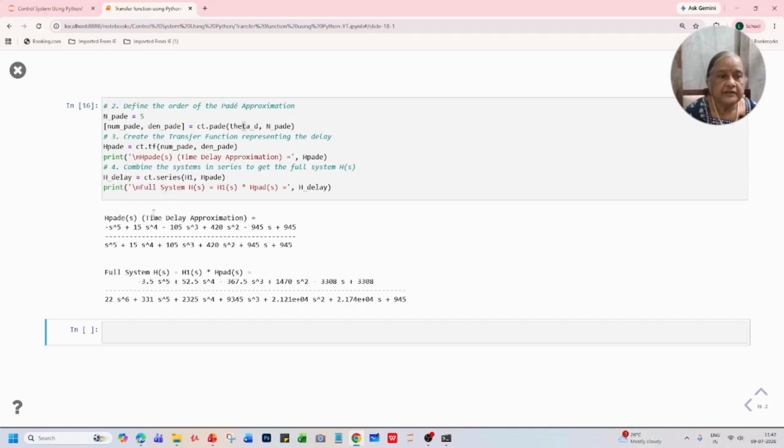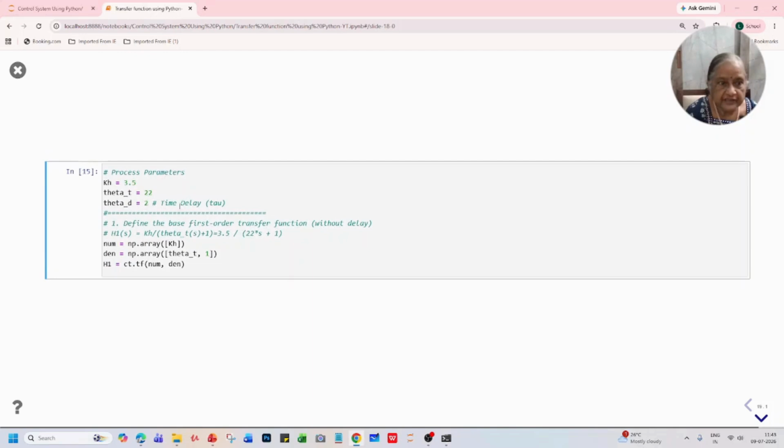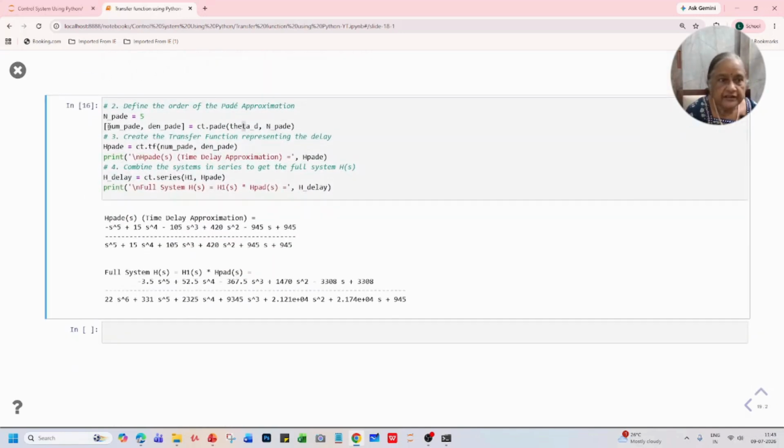We shall see here with order 5, the Pade approximation is given by this, for e to the power of minus tau_d s, where the delay tau_d was given in the previous stage itself. We have taken the delay as 2 and order as 5.